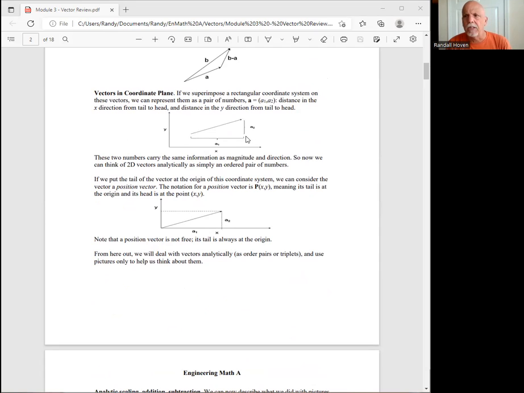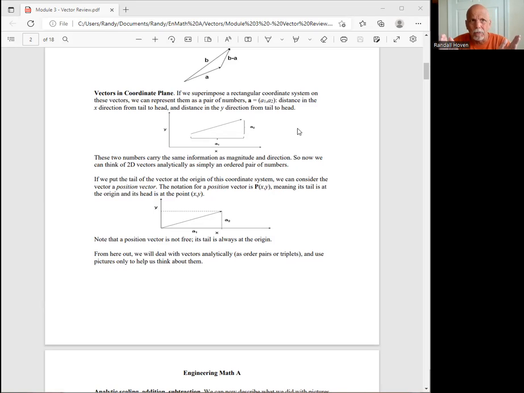And instead of direction and magnitude, I can give it two components: a component in the X direction and a component in the Y direction. And those two numbers convey the same information as magnitude and direction. So we just turn it from a geometric approach to an analytic approach.